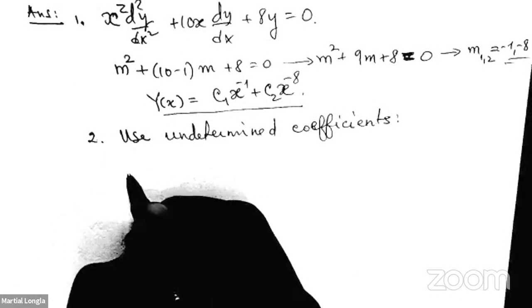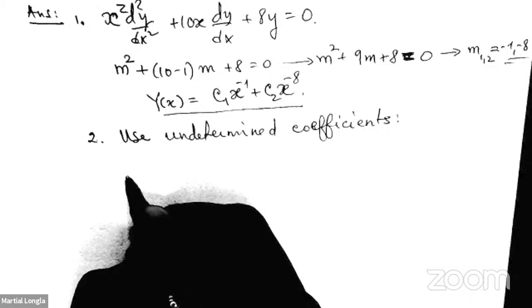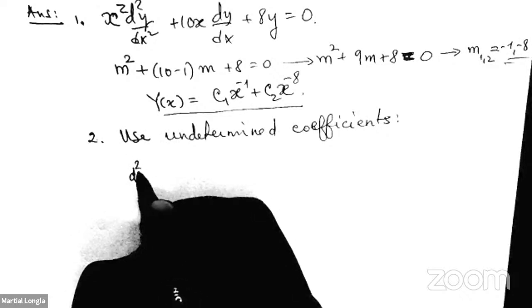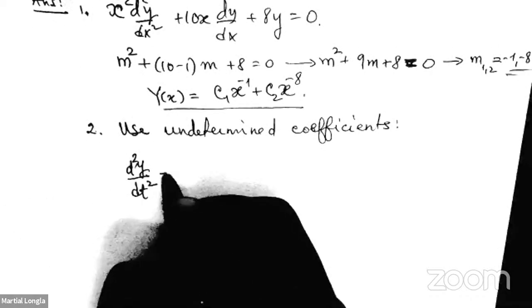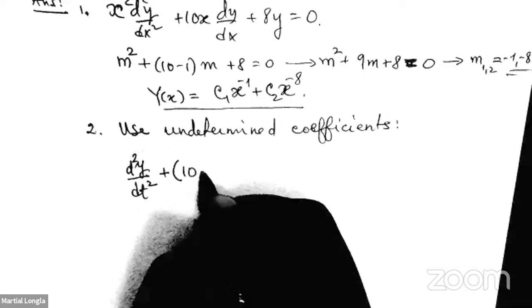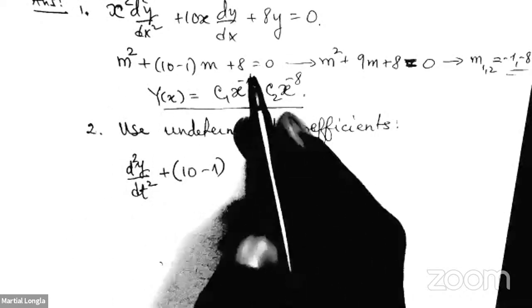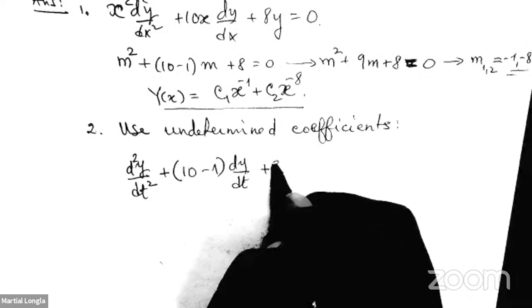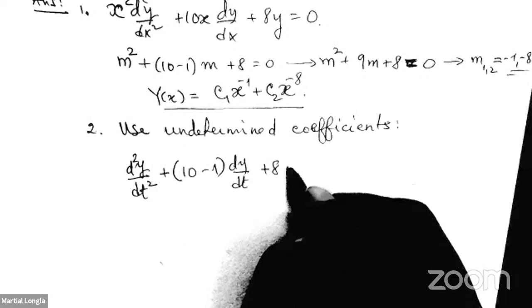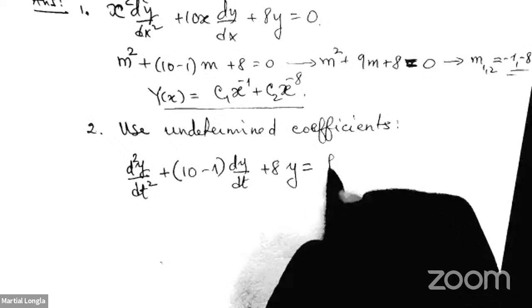So what we just saw is that it's going to be d2y over dt squared plus (10 minus 1) dy over dt plus 8y equals f, the same equation, right?